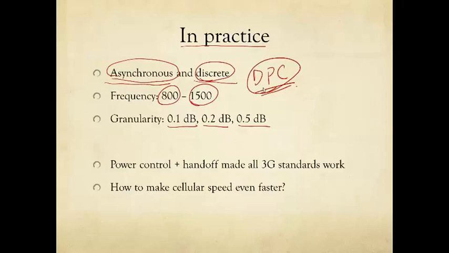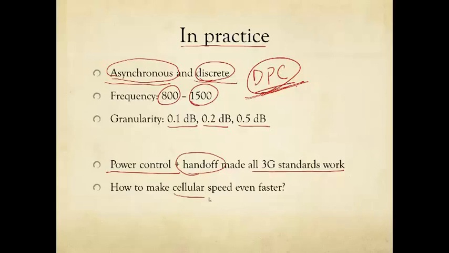Now you can count how many 3G and 2.5G devices are out there, and you see that this algorithm is used an incredible number of times every single day. And indeed, transmit power control together with what's called soft handoff is what made all the 3G standards work. So not only is this DPC an elegant mathematical entity, it is also a practically extremely influential and useful artifact.